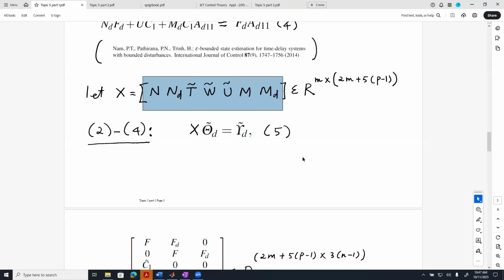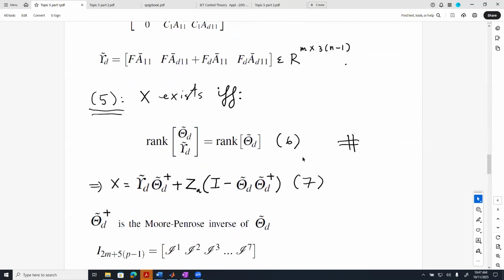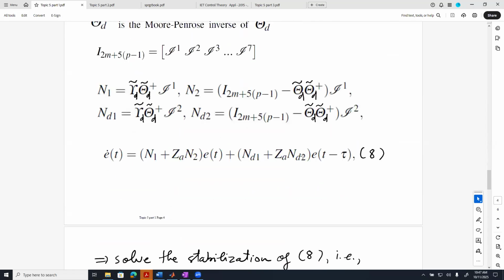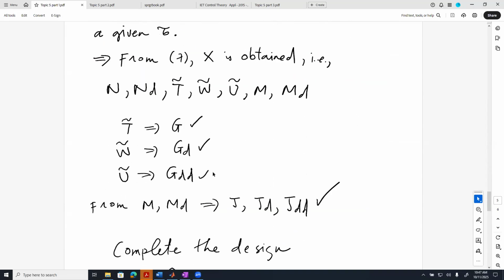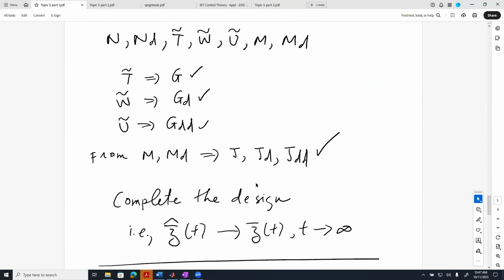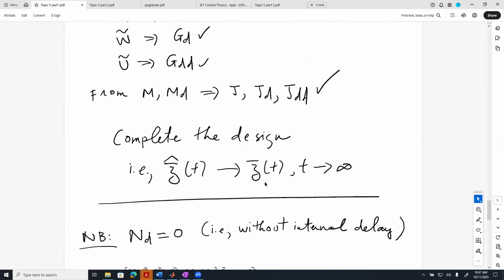And then if we can ensure that the observer is stable, which is the second part of the existence condition, then we can systematically obtain all the parameters of the generalized functional observer.